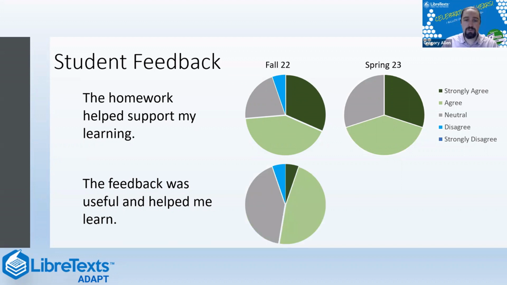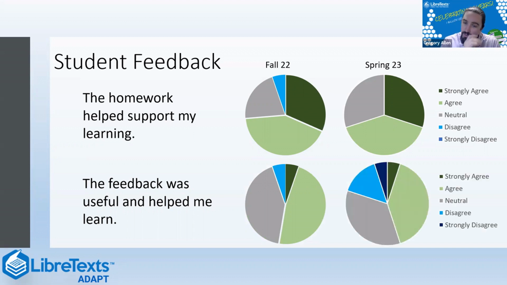And so in the fall, this first pie, we see that the majority of the students were in the neutral to disagree categories. And then in the spring, we see maybe a bigger slice of the pie, but still about 50% of the students are kind of split on whether or not the feedback was useful and helpful to their learning.